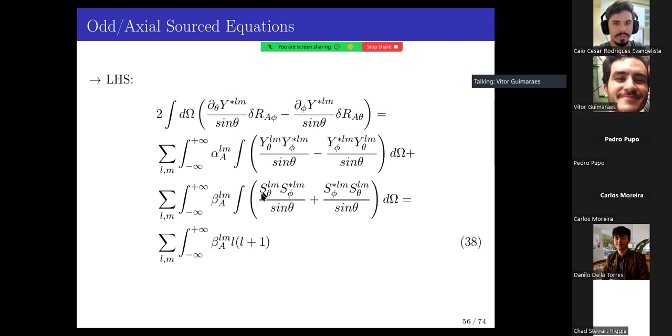Since here the tensors that were multiplying beta were the SA vectors, right? The odd vector. We looked into what is the orthogonality property that takes the SA vectors to the L plus 1, right? To the eigenvalues of the Laplacian operator, right?